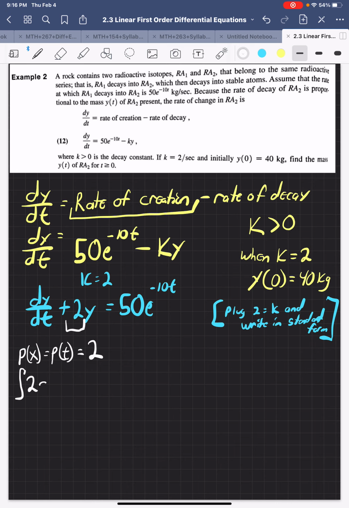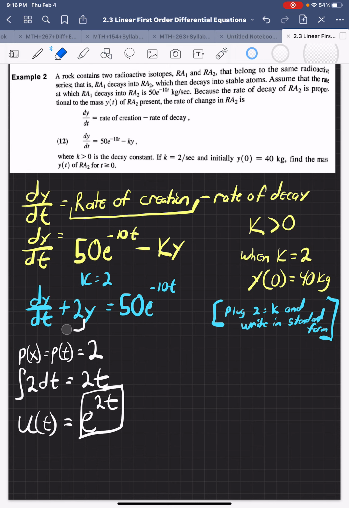This time it's with respect to t. It's just equal to 2t. All right, so then u of x, or in this case u of t, is equal to e to the power of that integral. So it's just e to the power of 2t. All right, so when I go to the next page, I'm going to bring this with me.